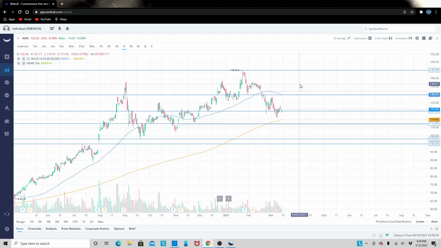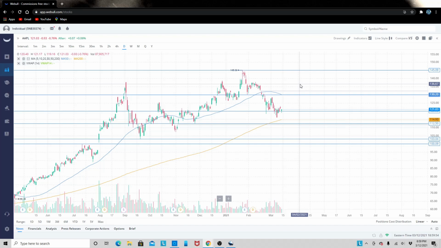Let me zoom out so you can see it hasn't dropped below that 200-day moving average since COVID-19 happened. And, even then that was only for a couple days right in here. So that would be very bad for this stock. But with the stimulus being passed, I don't see that happening.